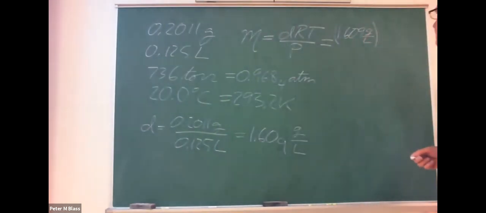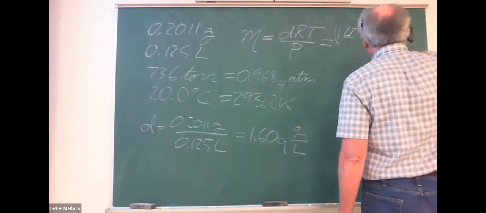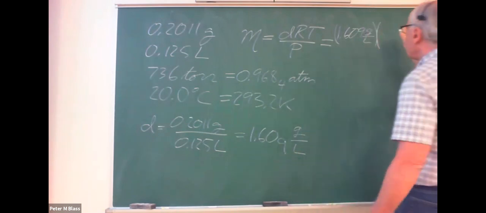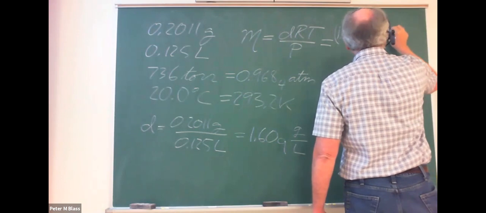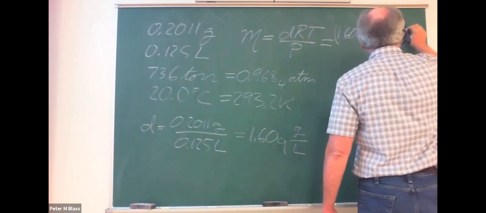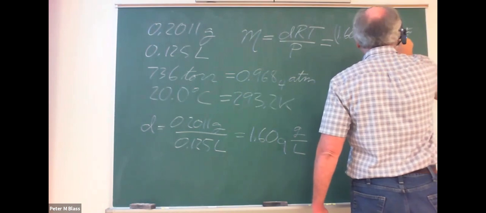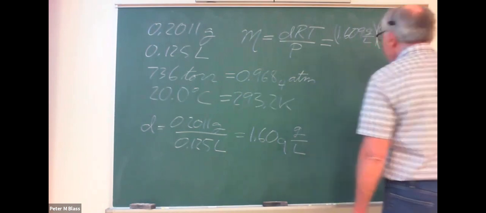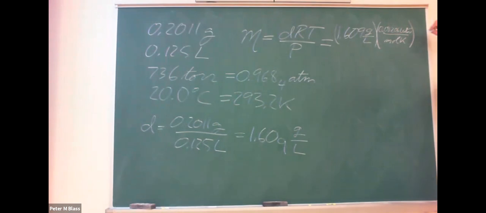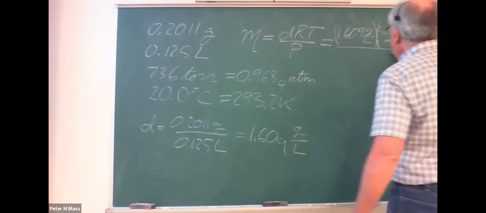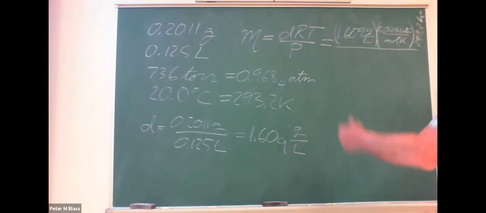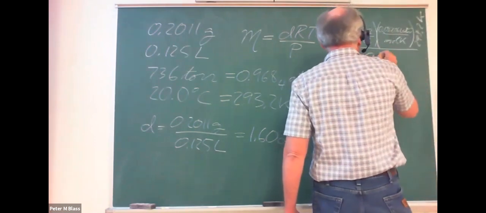I'll write really small. You know what I'm writing though, 0.08206 liter atmospheres per mole Kelvin. And then 293.2 K, I'll write it sideways. Write this out nice and pretty on your page, because I'm kind of going up the side of the board. And then the pressure, 0.968 atmospheres. I can write that big.